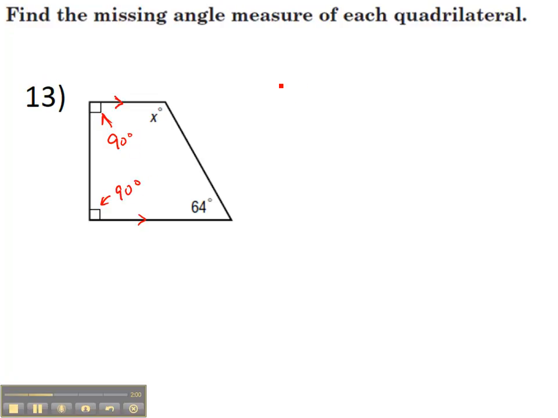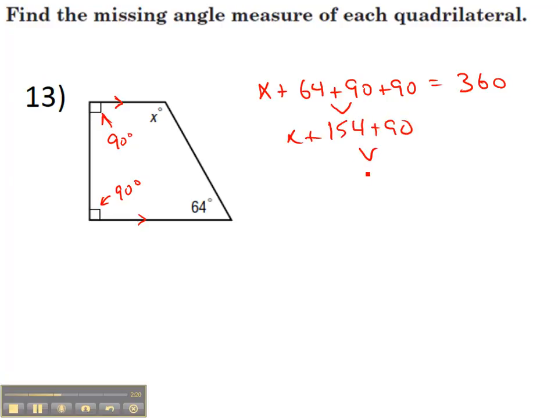We know that all of the angles of a quadrilateral add up to 360 degrees. So we have x plus 64 plus 90 plus 90 equals 360 degrees. And if you add up these, you get 154, and 154 plus 90 is 244.